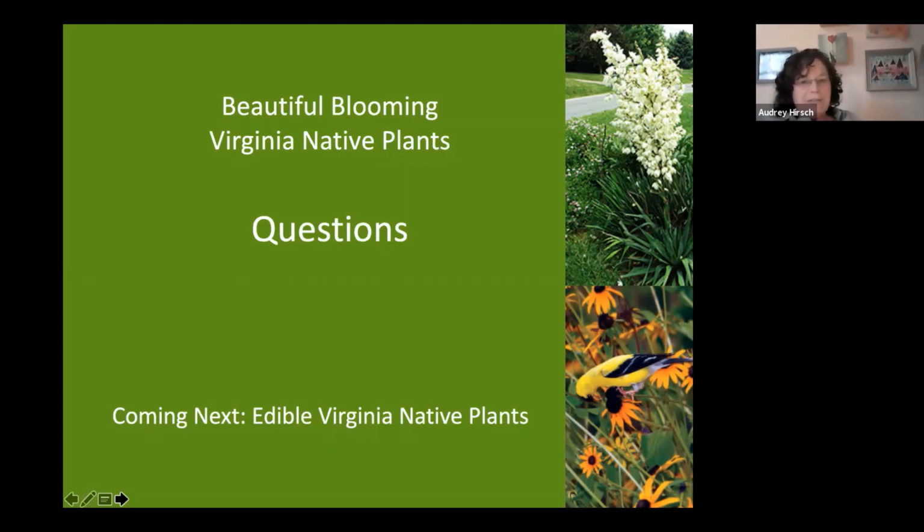Next question. Oh, here's a great one. What aggressive native can I use to replace the stilt grass and creeping Charlie? Well, lyre sage is pretty good at populating an area, and because it is in that rosette formation, it will spread out and cover some of the things. The green and gold, if it comes in a happy place, will do that. Actually, the crested iris, dwarf crested iris.